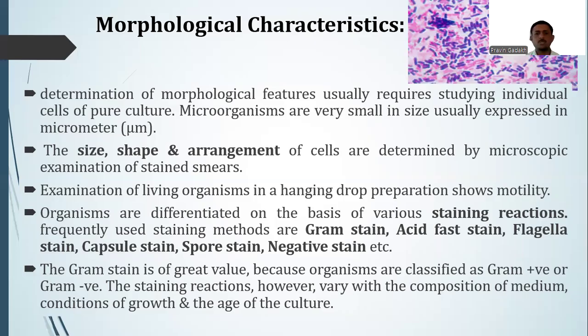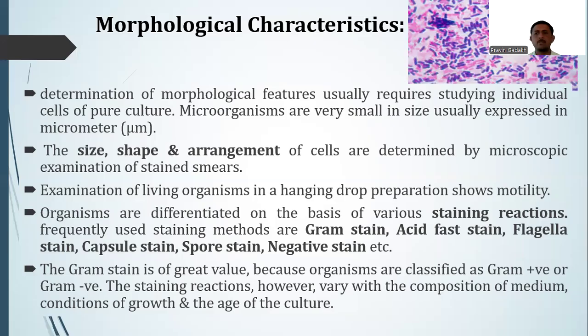Examination of living organisms in a hanging drop preparation shows motility. When categorizing organisms into gram positive or gram negative, we have to stain the organism by gram staining. We can also use acid fast staining and flagella staining. These are the different staining procedures we can use for the proper identification of the organism or to study its morphological characteristics.